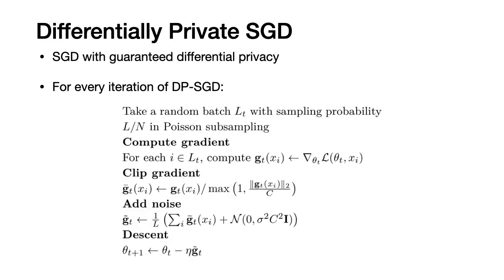It basically introduces two extra steps into regular SGD: gradient clipping and noising. Gradient clipping ensures that the scale of the data-dependent components is bounded. And in noising, Gaussian noise is mixed with the clipped gradient to ensure differential privacy.